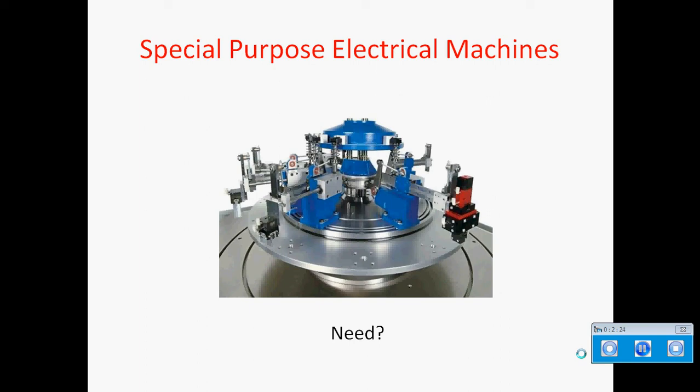With the proliferation of power electronic circuits and digital control systems, precise speed and position control can be achieved in conjunction with special purpose electric machines such as permanent magnet motors, stepper motors, switched reluctance motors, brushless DC motors, hysteresis motors and linear motors.